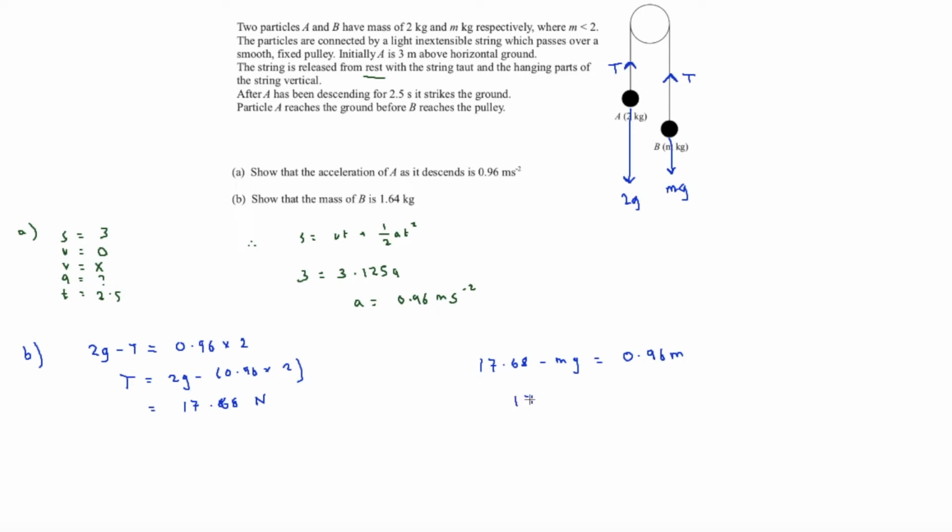Therefore, let's do some rearranging here, and we're going to get 17.68 is equal to mg, which we can say is 9.8m, plus 0.96m.